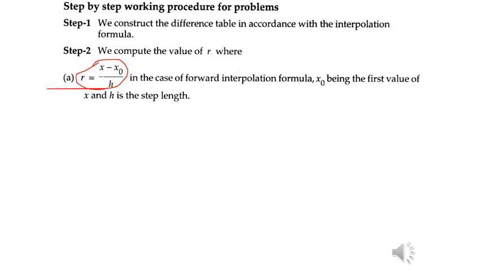In the case of forward interpolation formula, x naught will be given in the data, and h is the step length, that is the gap between any two consecutive values of x.